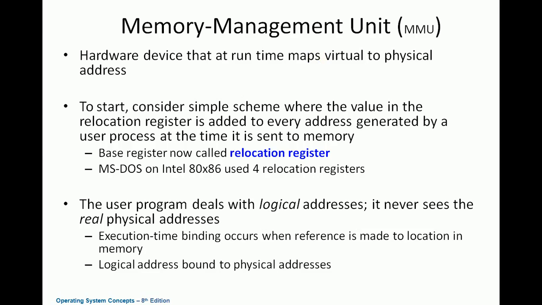Now let us consider a simple scheme where the value in the relocation register is added to every address generated by a user process at the time it is sent to memory. So here we make use of the relocation register, basically the base register that we already learned. The base register holds the starting address of the program in memory.